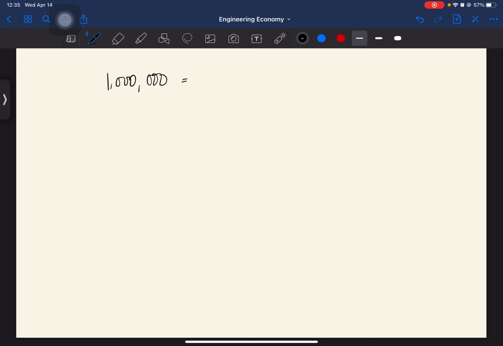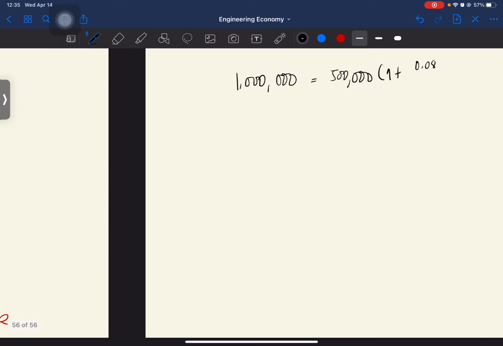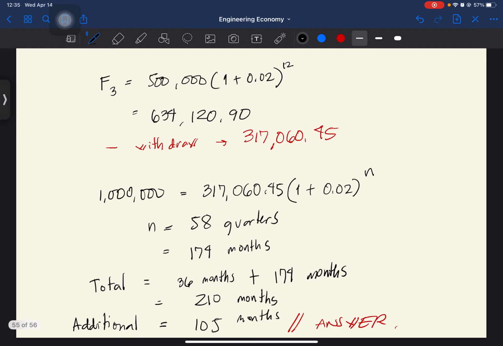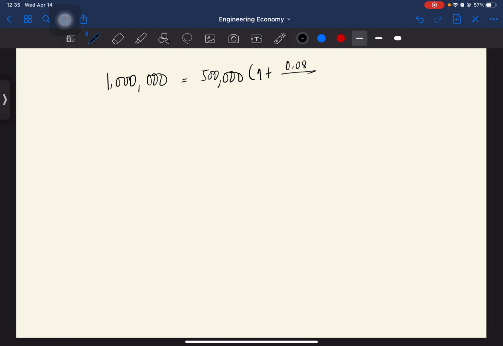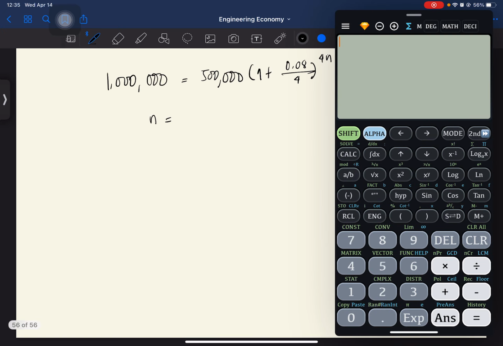Ilang years. 500,000. Tapos 1 plus 0.08. Tama ba? Kung hindi ako nagkakamali. Tama. Tapos you have quarterly. Tapos ilang N. N is now in years. So N equals. Ginagamit ko yung formula rito ha. So 1 million, 500k.